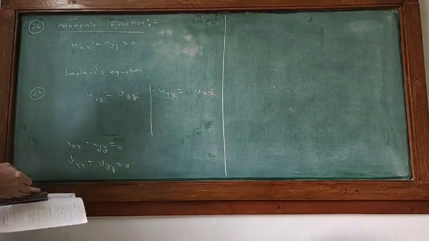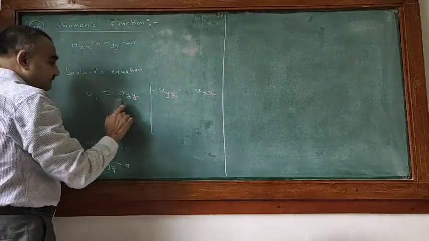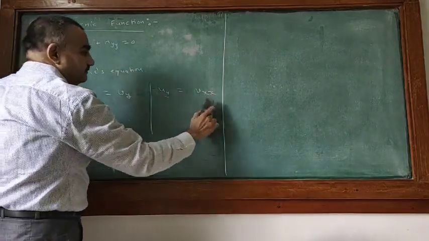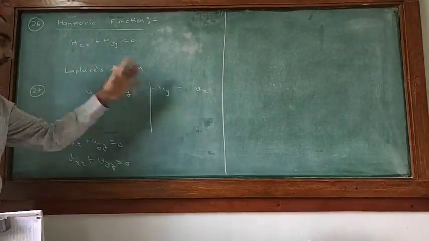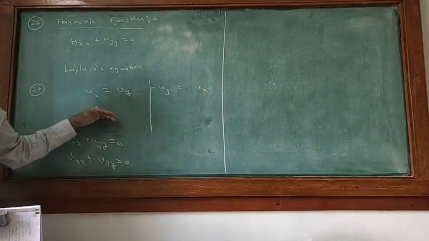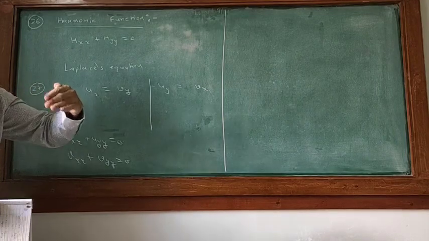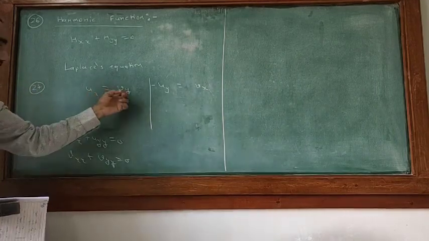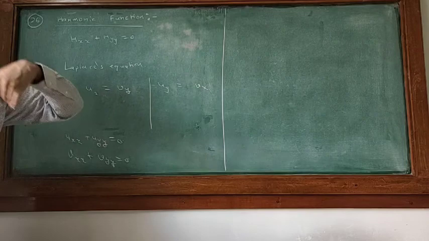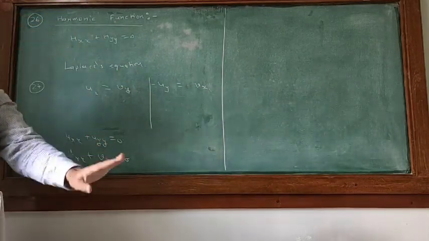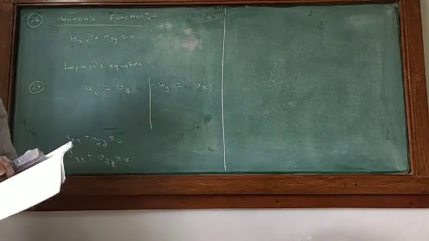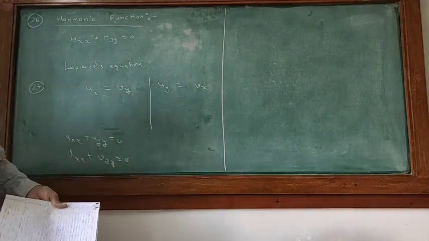So whenever a function v is of this type and u is of this type, and they satisfy the CR equations, we call v the harmonic conjugate of u, and that is the definition of 30.